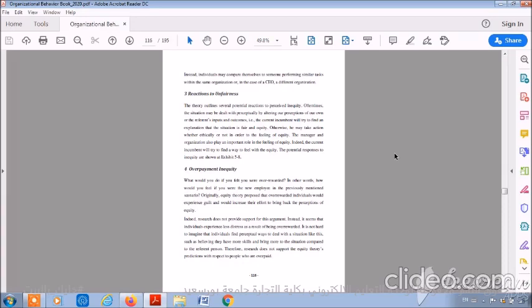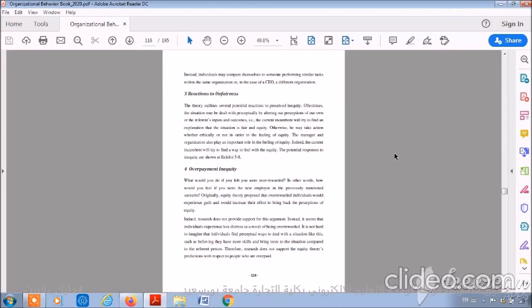For example, the current incumbent will try to find an explanation to believe that the situation is fair and equitable. Otherwise, he may take action, whether ethically or not, in order to restore the feeling of equity and fairness.